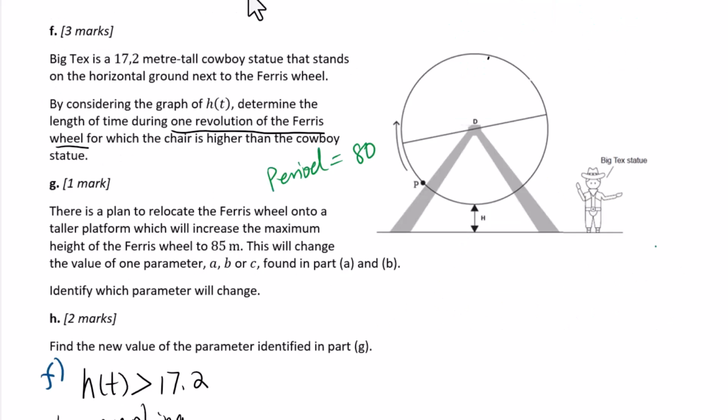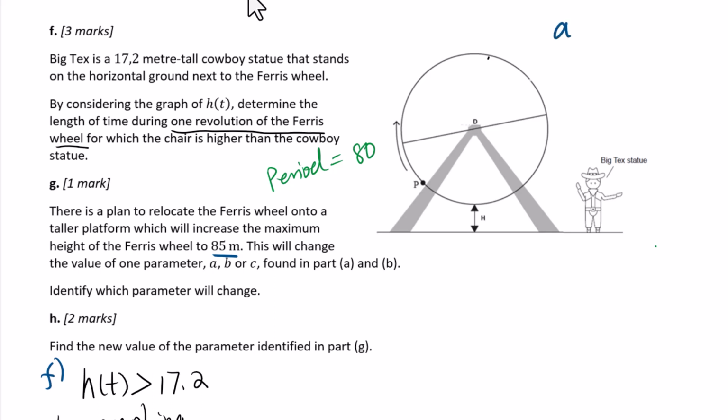Let's go to J. There is a plan to relocate the Ferris wheel onto a taller platform, which will increase the maximum height of the Ferris wheel to 85 meters. This will change the value of one parameter, A, B, or C, found in parts A and B. Identify which parameter will change.